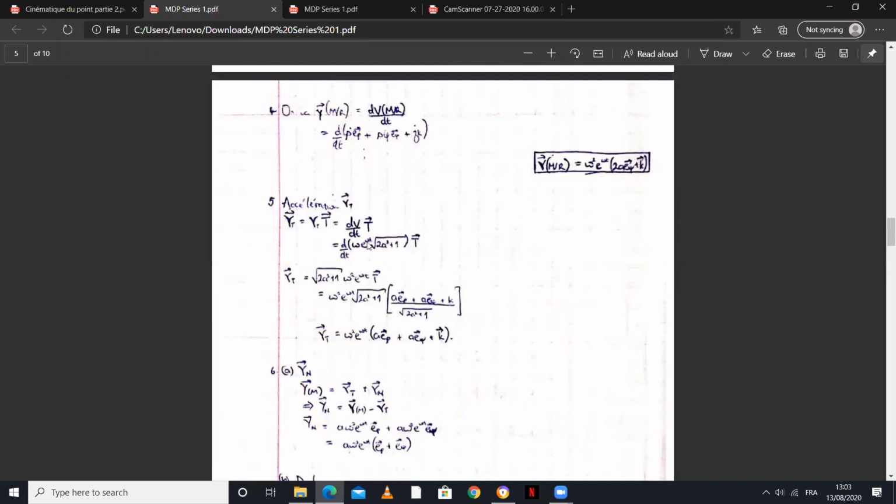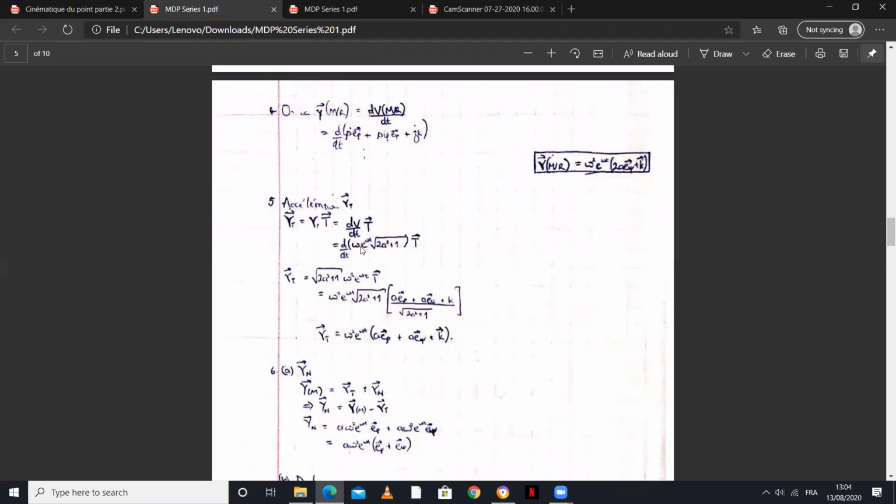Then we are going to differentiate this term here. But when you look at this, omega is constant. From the question, they said omega is a positive constant. And this one in the square root is also a constant term, because a is constant, 2 is constant, 1 is constant. So we're not going to deal with them.